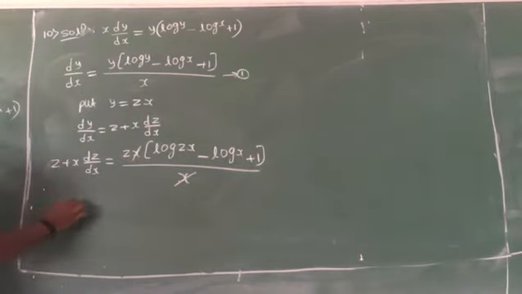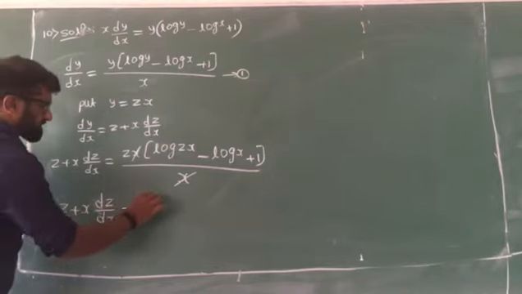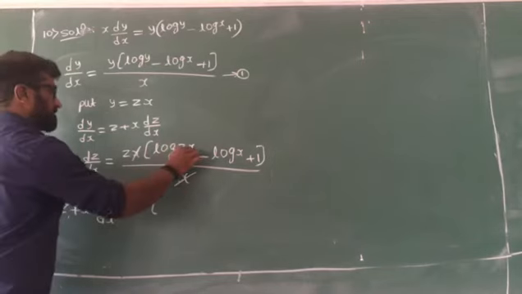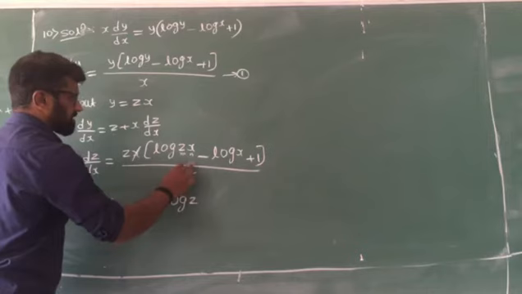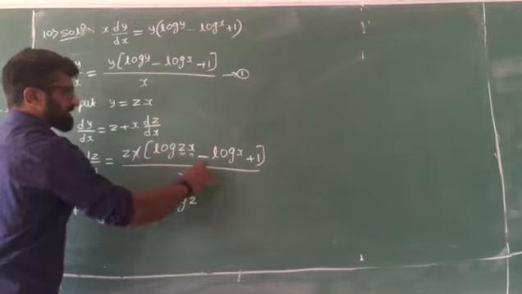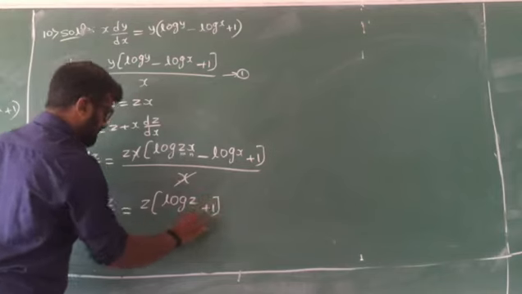So z plus x into dz by dx equal to z into, it is the log mn formula, log m plus log n, log z plus log x, minus log x gets cancelled. After applying the formula we get only plus 1.